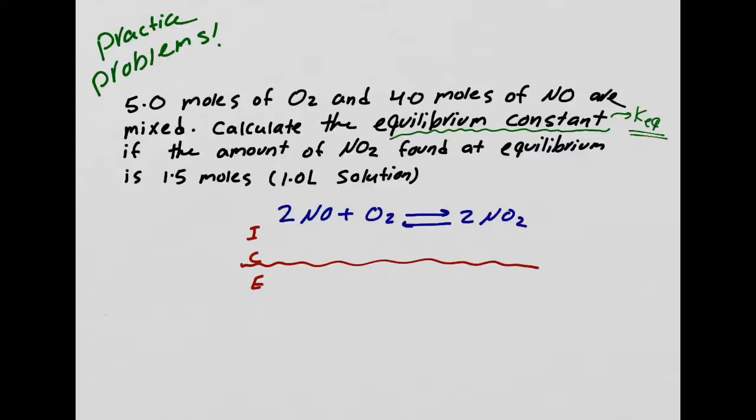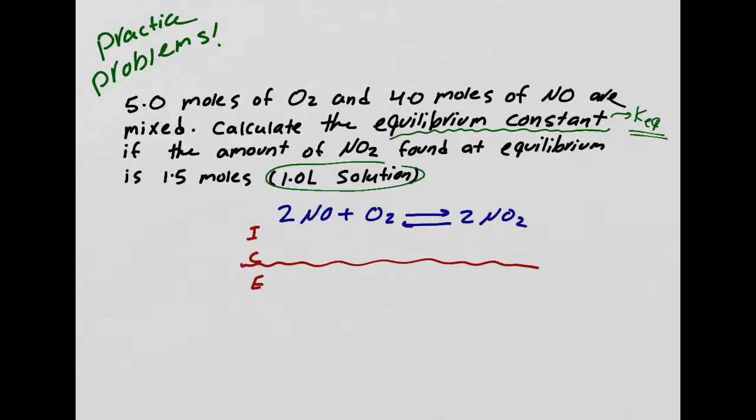Initially you have 5 moles of O2 and 4 moles of NO that are mixed together. Do you agree? And then, this is very key. It says that this is a 1 liter solution, so all the moles will be the same as molarity, because to plug into the ICE table, you need molarity.